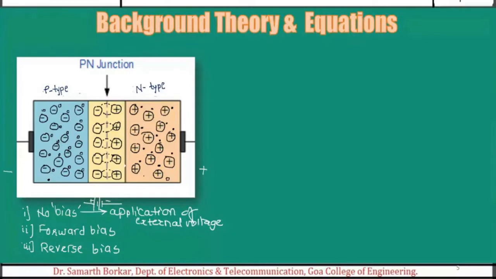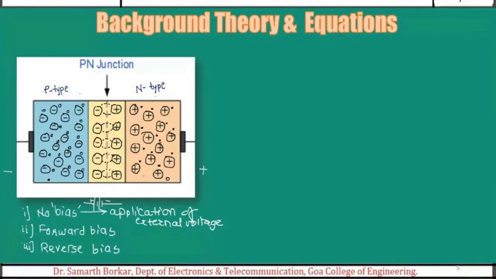So it so happens that when we bring these two blocks together, due to the concentration gradient, the holes from the P side try to diffuse into the N side, and the electrons from the N side try to get into the P side. Now in the diagram I have shown, let me change the ink.